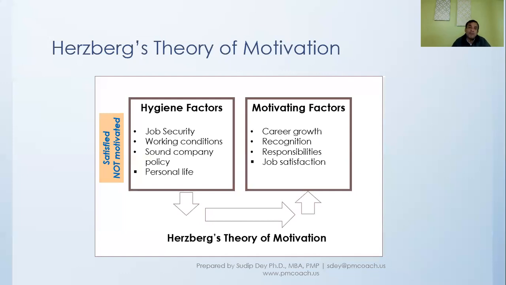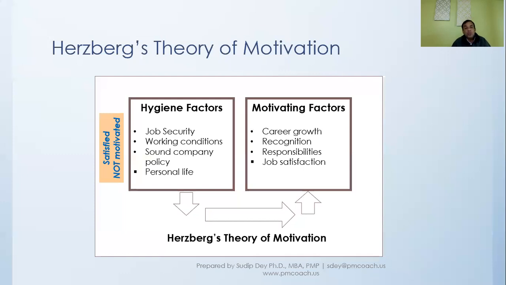For example, if someone has a job security issue and doesn't know when he or she might be fired, you cannot talk to them and say that we are giving an award, because that will not really motivate that person. In the back of the mind, that person is thinking about the job security.